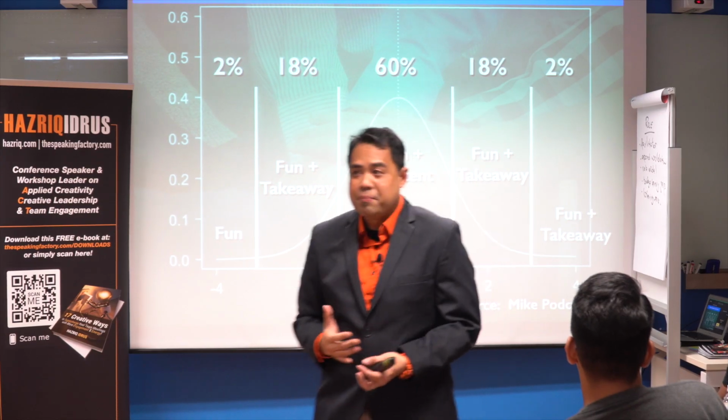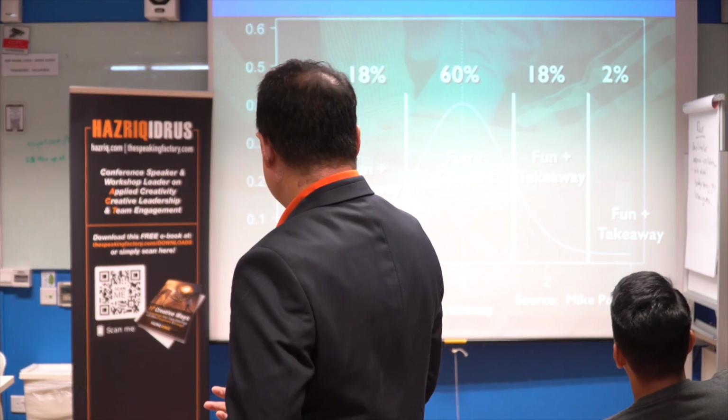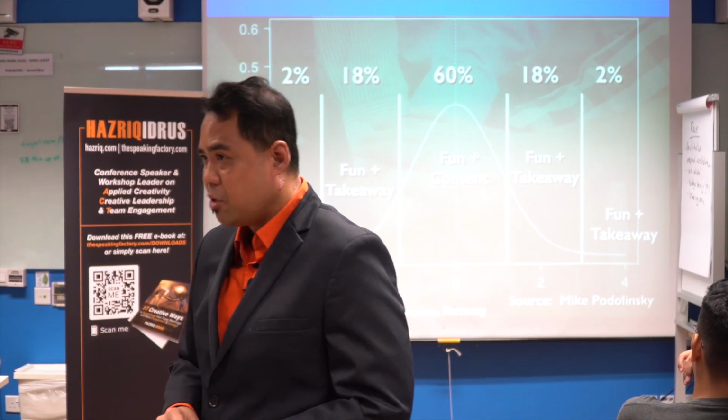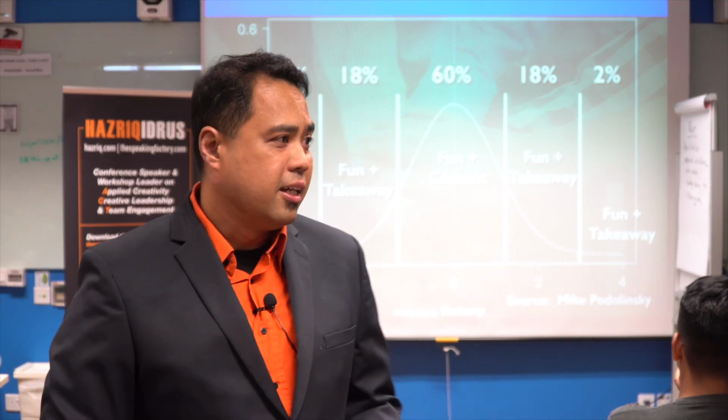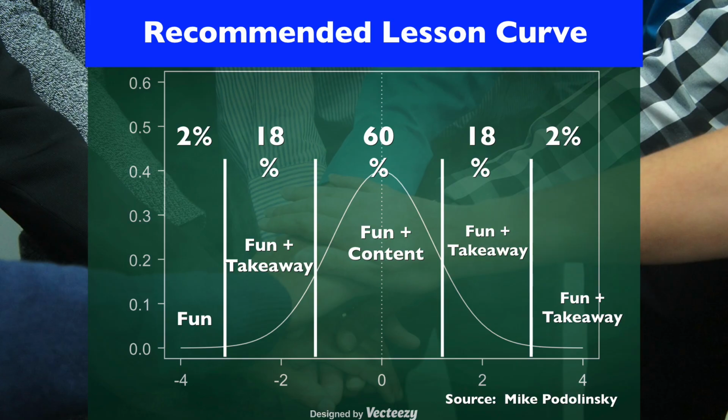I put it in this context. This is my recommendation. If you want to prepare your lesson plan, do it in this way. This is done by one of my mentors called Mike Podolensky. He shared this. When you want to do the plans, start with fun. Have fun first. No content at all. Your first 2% of your time, just have fun. And then start to have fun with some takeaways, some learning points. Then go up here.